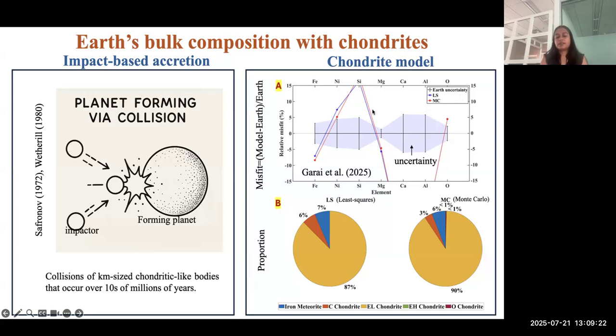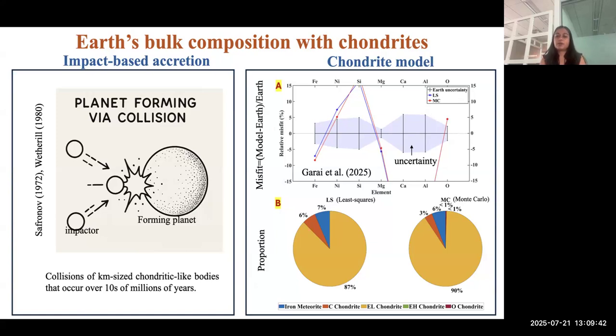So in this case, I constrain my model by choosing the uncertainty for those elements that we observe today on Earth. That is already in the misfit function. In figure A, I show the relative misfit on the y-axis and the composition of Earth for different elements on the x-axis.